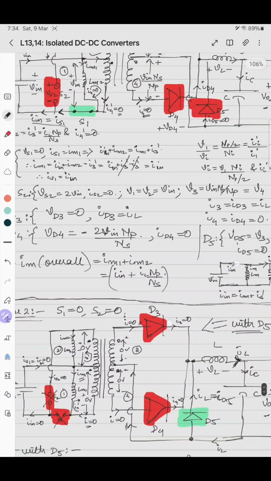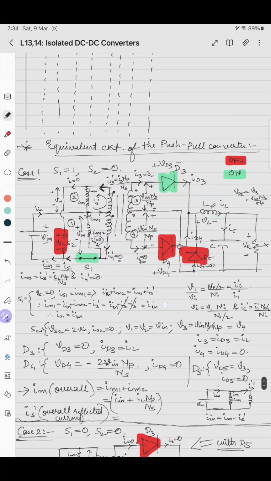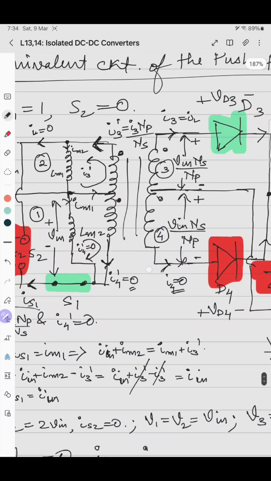So how will we write IS dash, the overall reflected current from the secondary? As per this analysis, this was I4 dash and this is I3 dash.